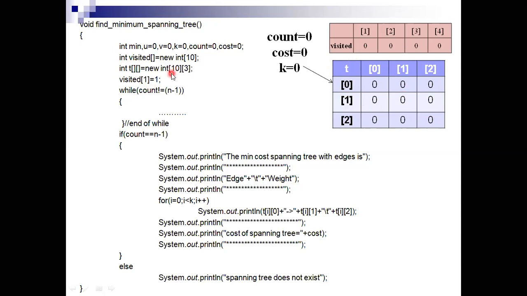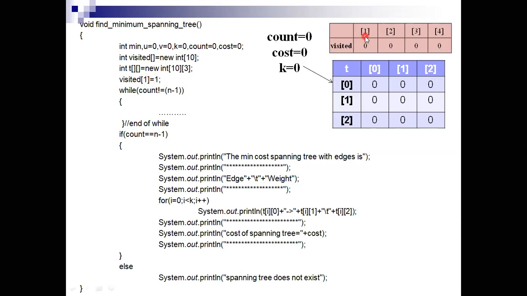Next line of statement is visited of 1 equals 1. So can you see visited of 1 equals 1? What does it mean? As we said in the algorithm, we should now start with any arbitrary vertex added into the spanning tree. You can now say visited of 1 equals 1. So which vertex is now added to the spanning tree? The first vertex.